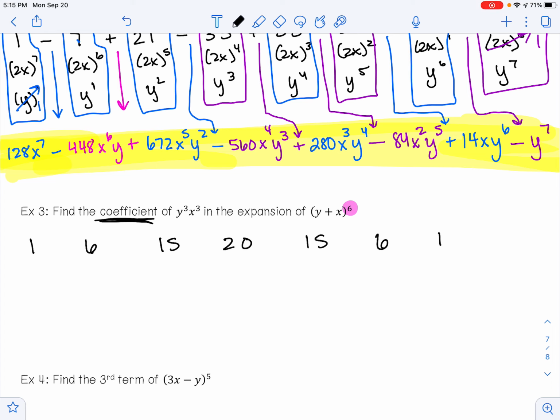My first term is y, so I'm going to go from my highest exponent to my lowest exponent with my y's. And then my second term is x, and so those exponents are going to go from low to high.